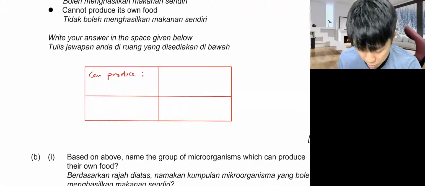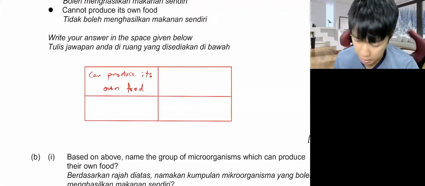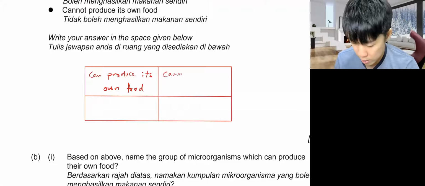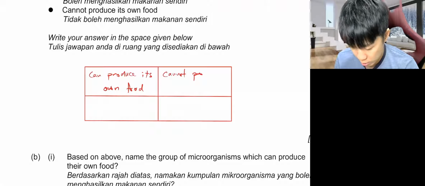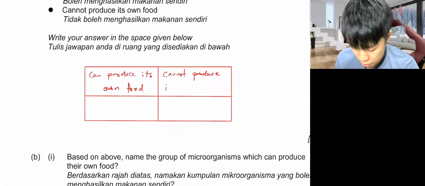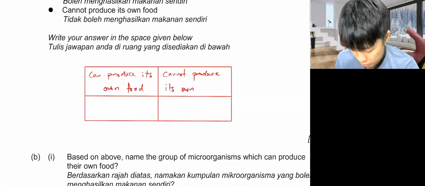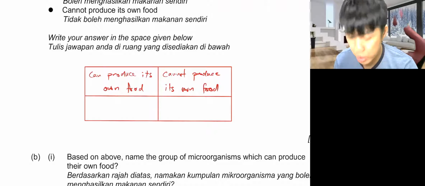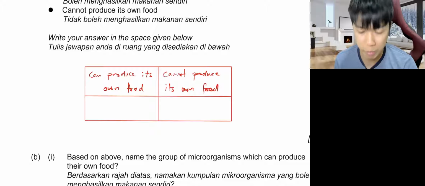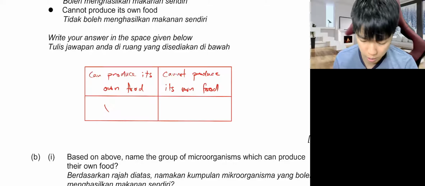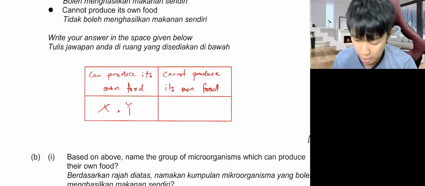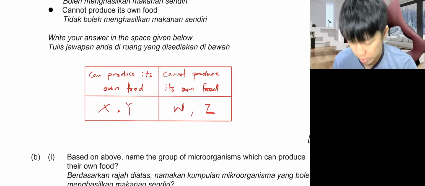And this one is "cannot produce its own food". Then we write down the alphabet: W, X, Y, and Z.